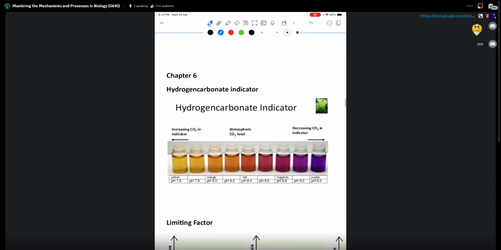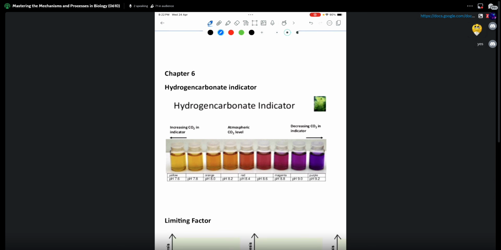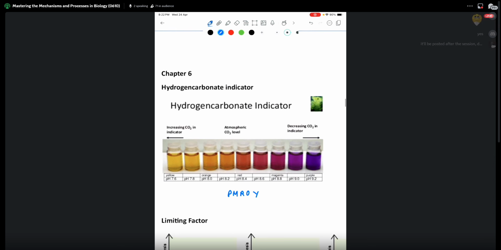So how do I remember this, so you don't panic when you see this kind of question? I always love to use PM Roy. Yellow is the highest carbon dioxide concentration, and the other extreme is the lowest carbon dioxide concentration.